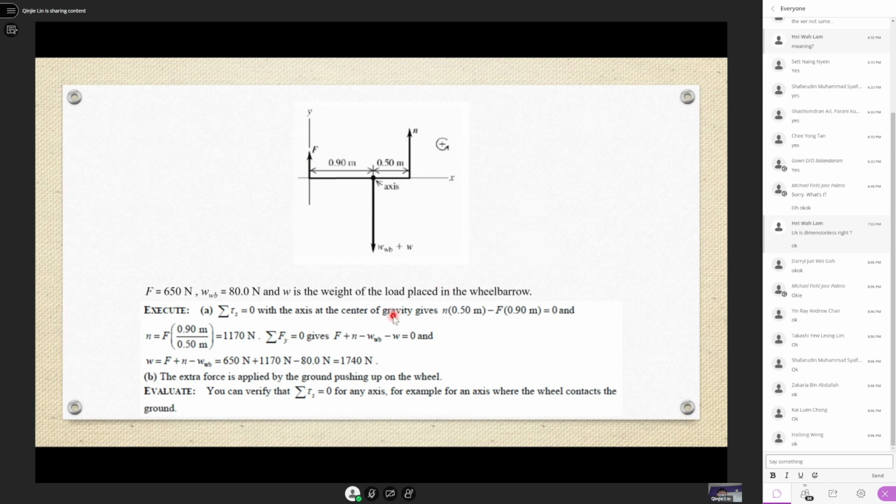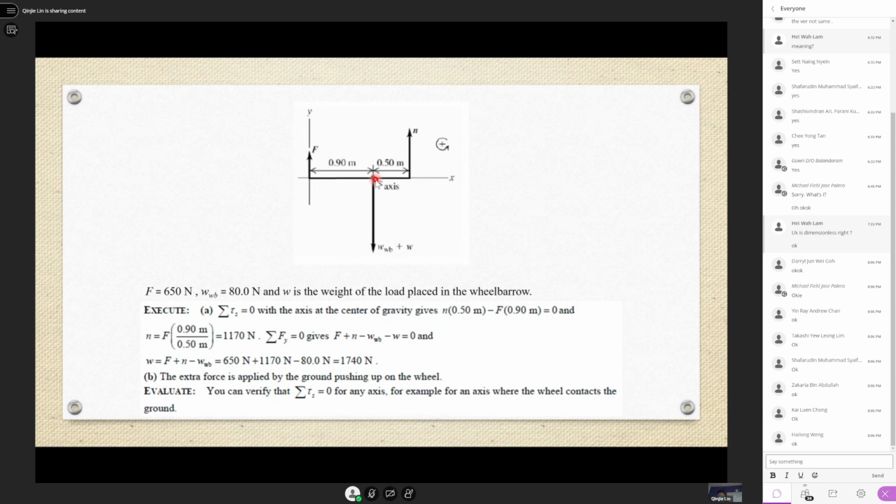So with this, you can go and take your summation of torque, summation of forces. So summation of torque with the axis at the center of gravity, we're thinking about this point. At the right, you have N times 0.5.